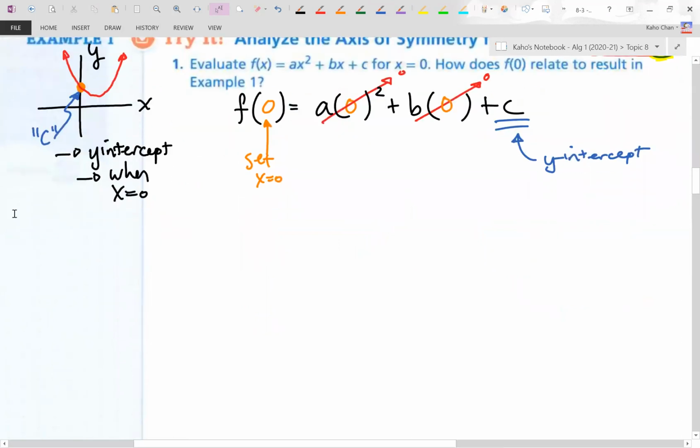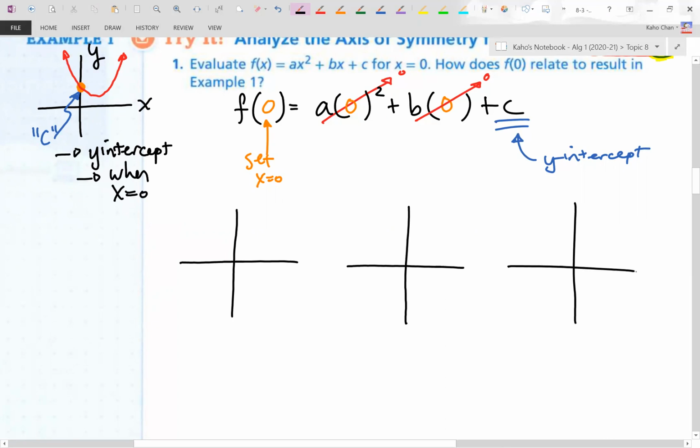Now, interestingly enough, I'm going to go ahead and just demonstrate what would happen with 3 examples on the calculator.